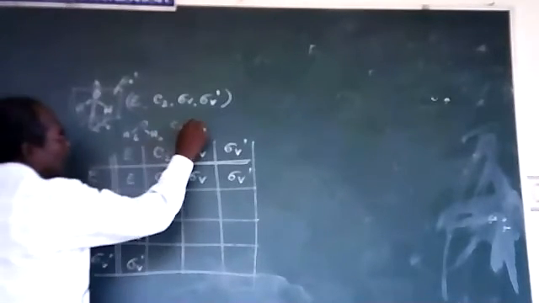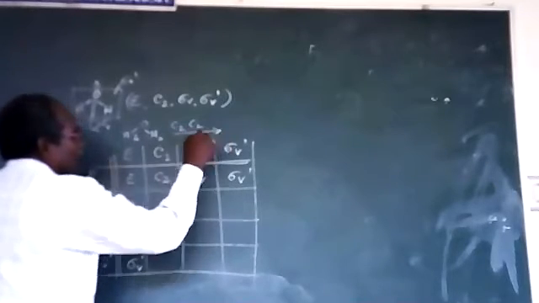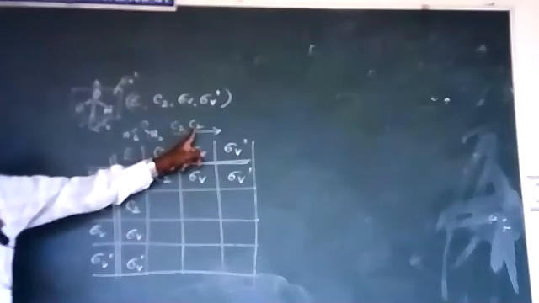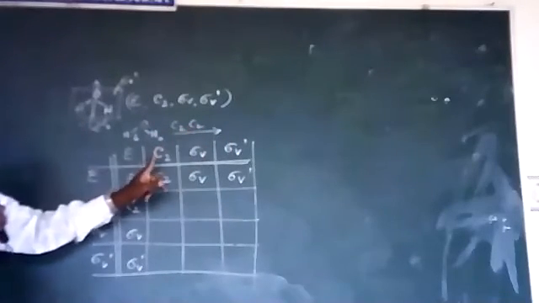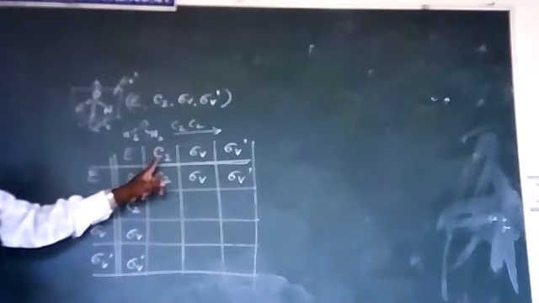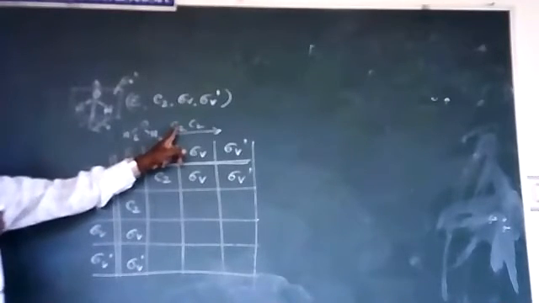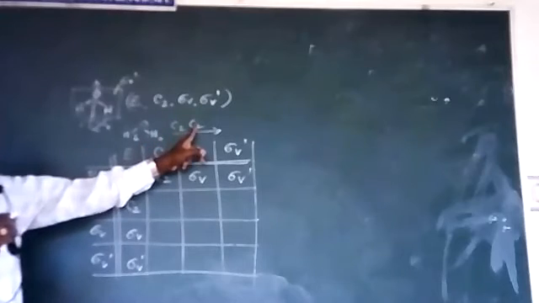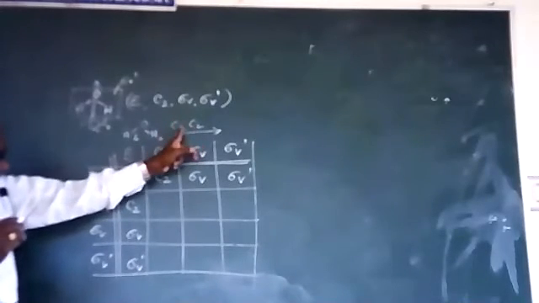Second write the operation in the row. Watch closely. First you are writing the operation in the column, second you are writing the operation in the row. You first perform this and then perform that.